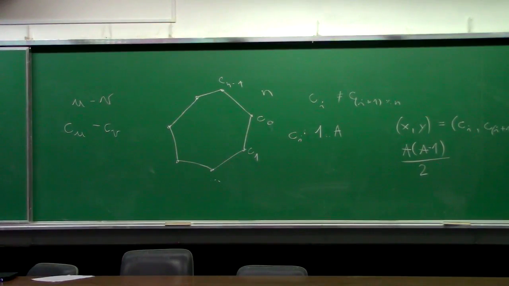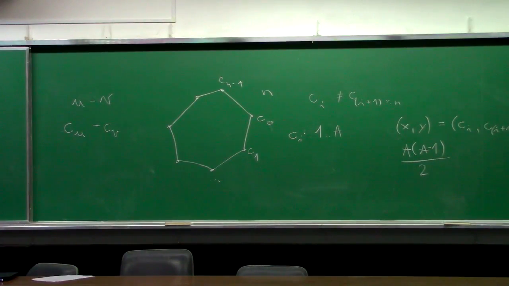We want it to be at least a complete graph, so after we translate all edges from this cycle to this resulting graph, it has to be at least a complete graph plus some edges. Of course, there can be multiple edges in this graph. There is no reason why there wouldn't be.